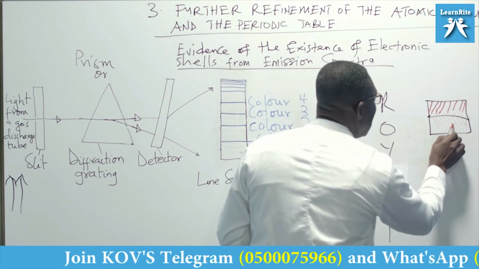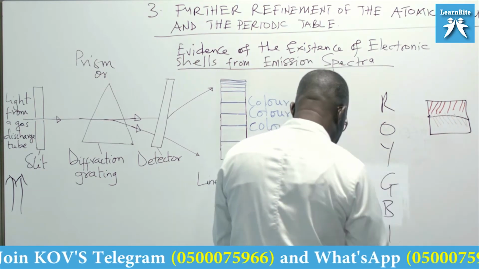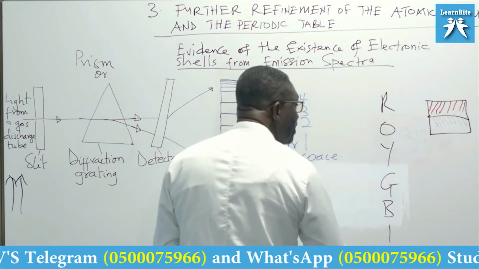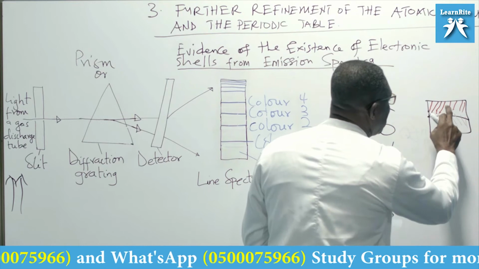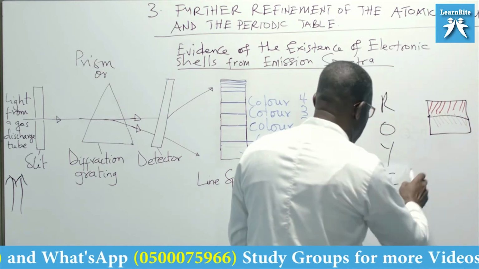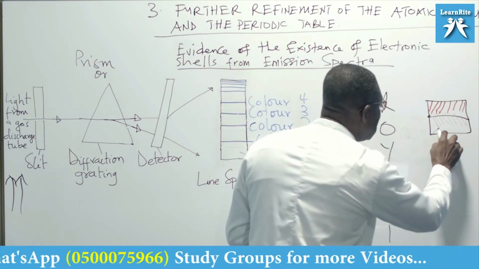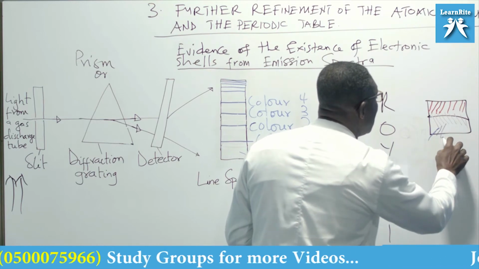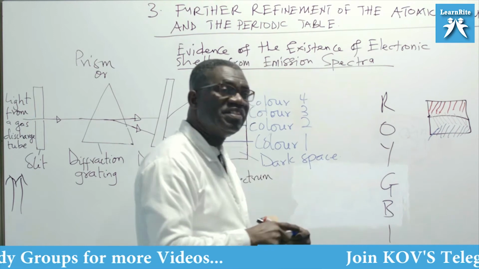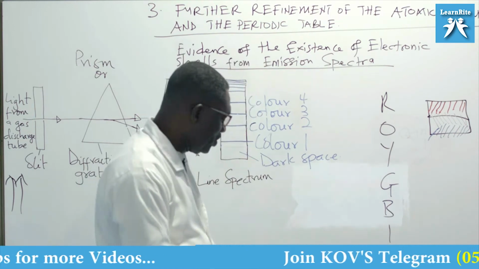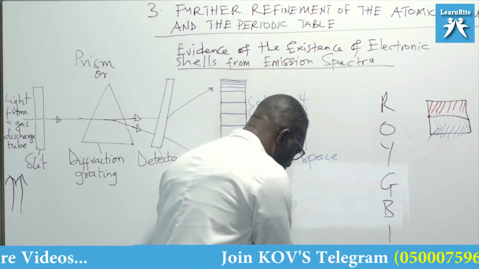And then after the yellow, you start getting maybe green. So this is red, this will be orange, and then it will turn into about yellow. In other words, there isn't any distinct demarcation between the colors that you see.